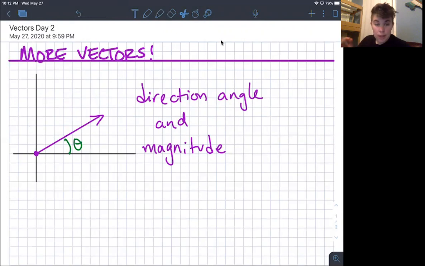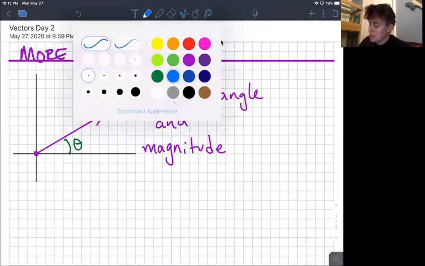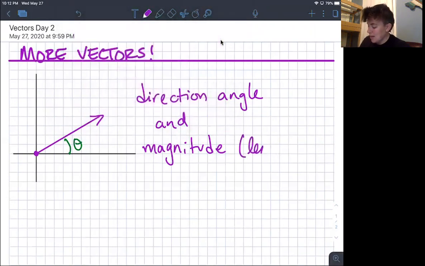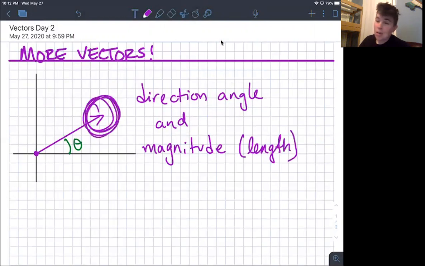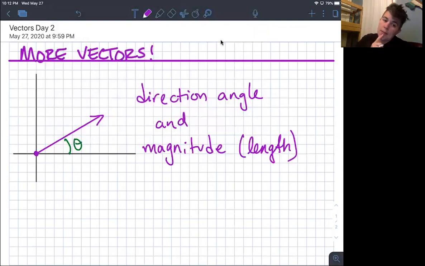So direction and magnitude. Magnitude, remember, is just the length, so how long a vector is. A reminder, that arrow right there does not mean it goes on forever. That just means that's the terminal point of the vector, right? So ten cuidado, por favor, when you're thinking about vectors. So direction and length.